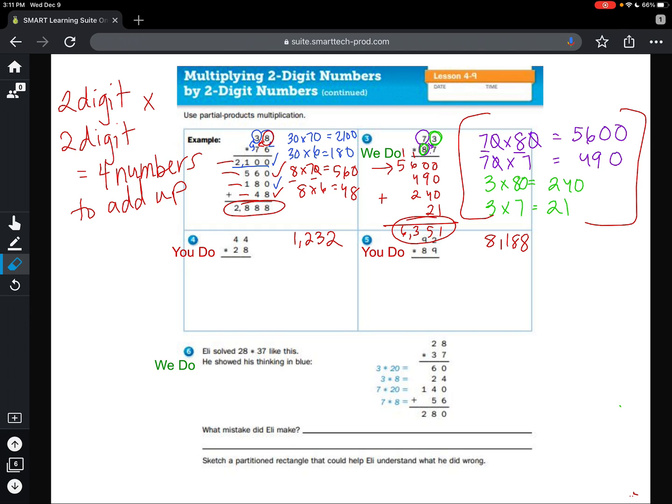Does he have four numbers to add up? Yes. I want you to carefully look right now. Look at when he multiplied those digits together. What mistake did he do?